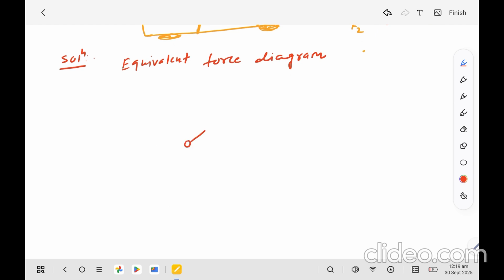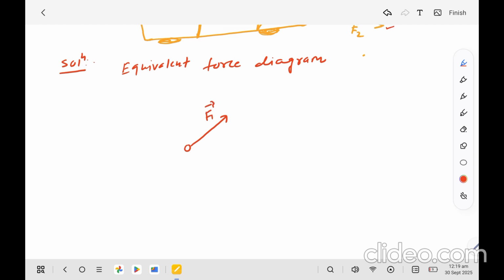This is point O, this is force F1, this is force F2.